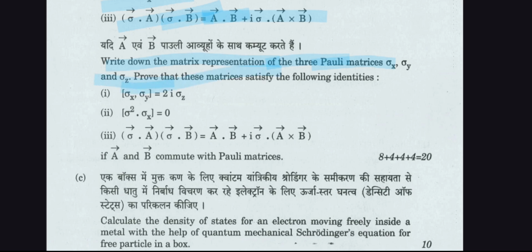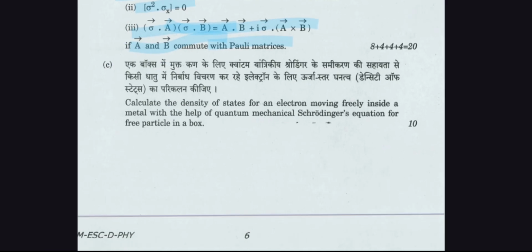Prove that these matrices satisfy the following identities: sigma x sigma y is 2i sigma z, sigma squared commutes with sigma x. So this is if a commutes with the Pauli matrix. Come to this again.